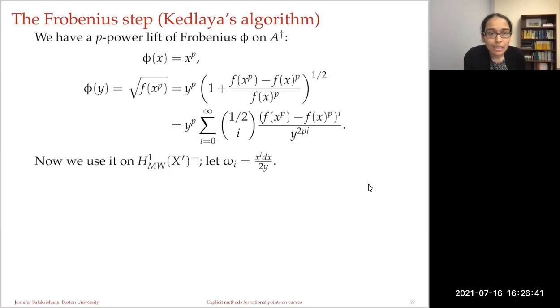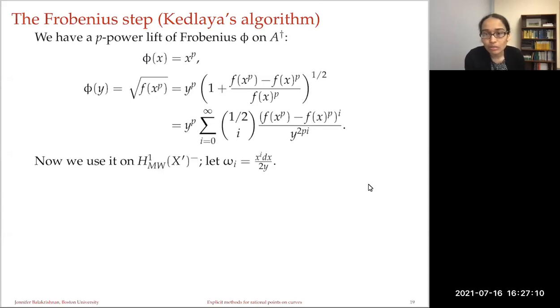This is Kedlaya's algorithm. So we had this p-power Frobenius, and I earlier said, well, we send x to x^p, and we send y to where it has to go. And so if you work things out, y kind of looks like this, where you're taking this binomial expansion of the square root, and you now have many, many terms that you have to consider. But part of what Kedlaya did was to show how many terms you would need to consider in this expansion of y.